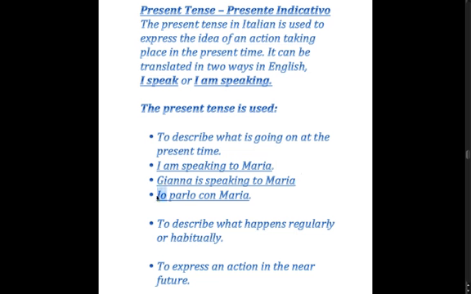Obviously, the subject pronoun will also have to change, and it will be Gianna, and this will have to change to the third person ending, which is A, parla con Maria. So now this verb has been conjugated to depict a third person verb ending. Gianna is speaking to Maria.